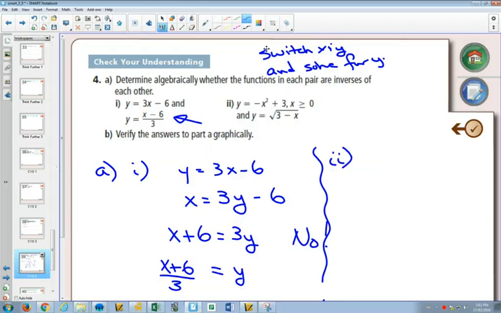For the second one, we have a parabola, and only part of a parabola. Can you see that we've got a parabola that's been flipped down and then moved up 3? And we're only taking the part of that parabola when x is bigger than or equal to 0. So the domain is restricted.